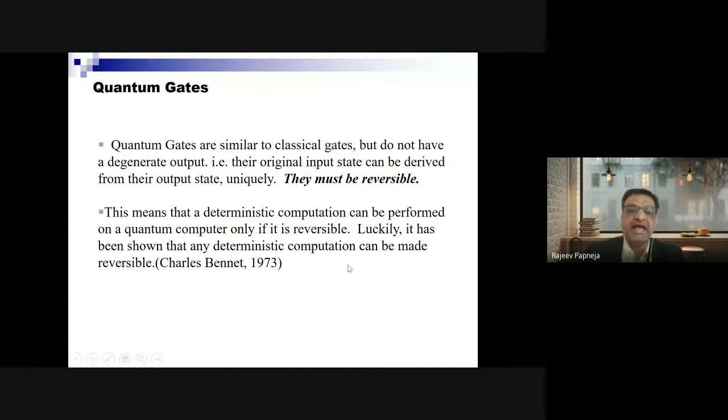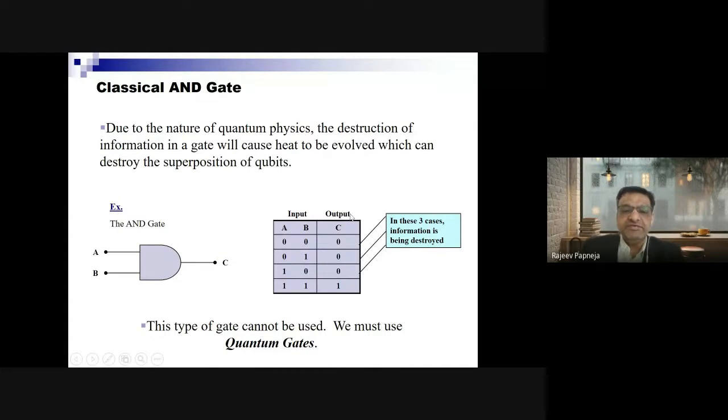So if you go back, here if you see the output C, now if you see the second row where input A is 0, input B is 1, and the output is 0. If you only knew the output 0, can you confidently say that the input was 0 and 1? A was 0 and B 1.